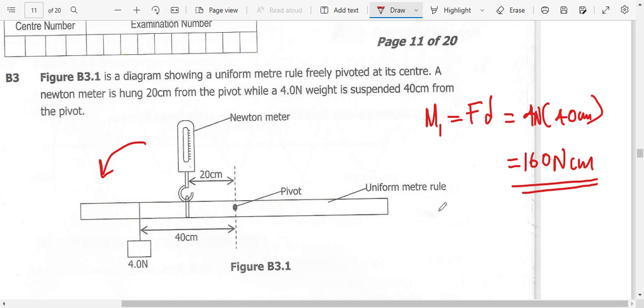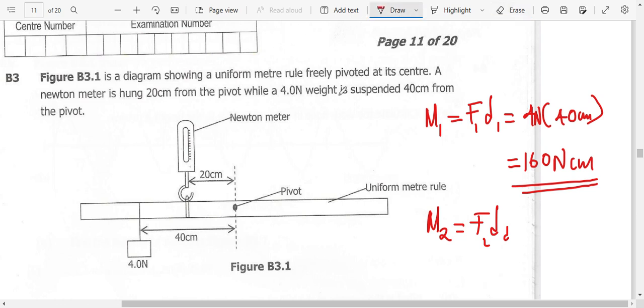Let's also find the clockwise moment, M2, which is also given by force times distance. This was force 1, distance 1, so this will be force 2, distance 2. If this one is going down, it is the Newton meter which is balancing these forces, going up like that.